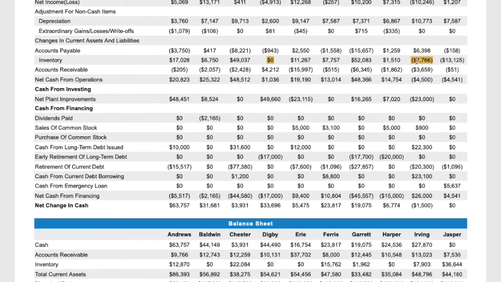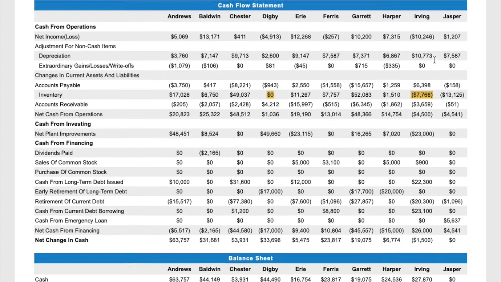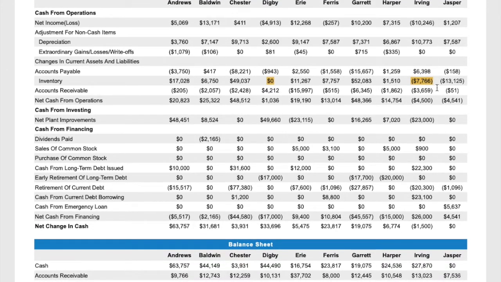So Team Irving spent $7,000, close to $8,000 on inventory, and that is really not good for the company's profit, because you are spending extra money here.